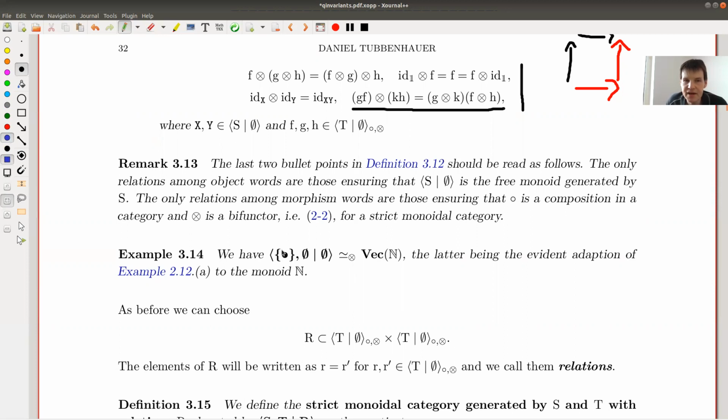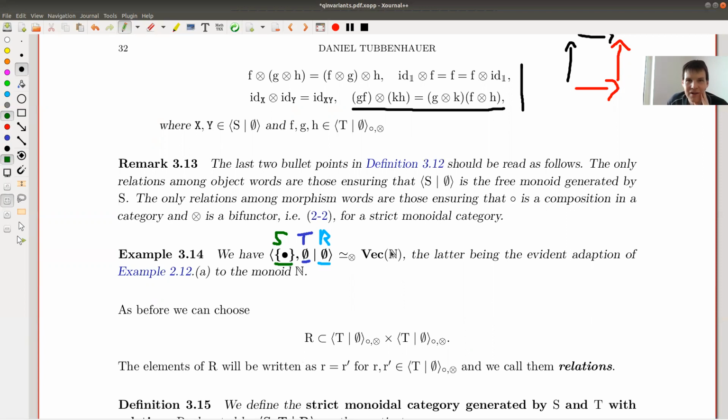So I don't have any morphisms. My morphism set, so this is T, my morphism set is 0. I don't have any relations, of course. My relation set R is 0 at the moment. And the only thing I have is my set S, my set of object generators. And this free monoidal category is monoidally equivalent to Vect over the natural numbers.